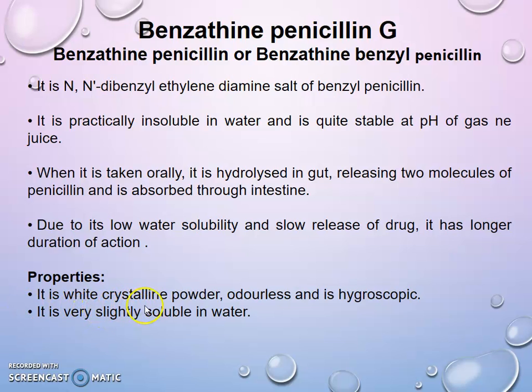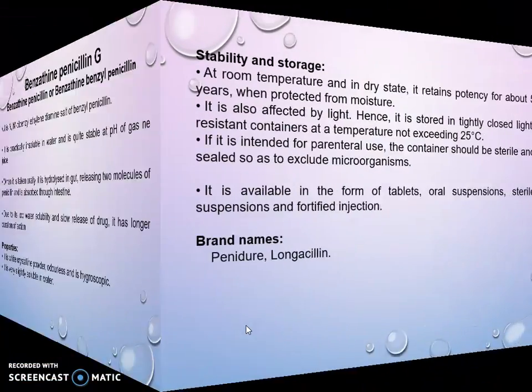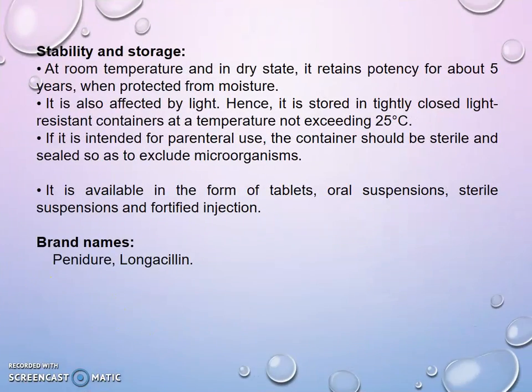Property: it is white crystalline powder, odorless and is hygroscopic. It is very slightly soluble in water. Stability and storage: at room temperature and in dry state, it retains potency for about 5 years when protected from moisture. It is also affected by light.